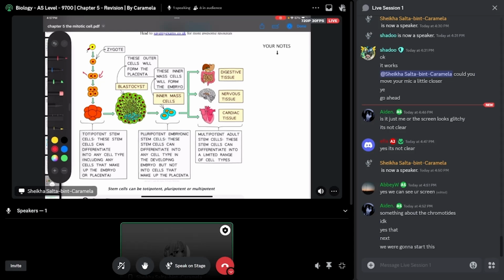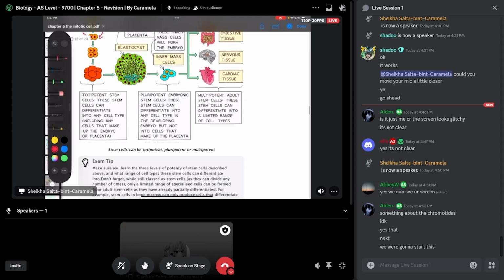And finally, once the embryo is formed and the baby is developed, it will have multipotent adult stem cells, which will differentiate into a limited range of cell types.